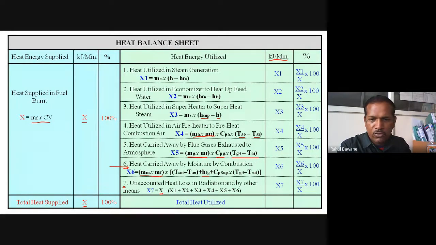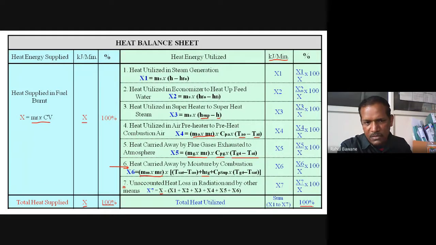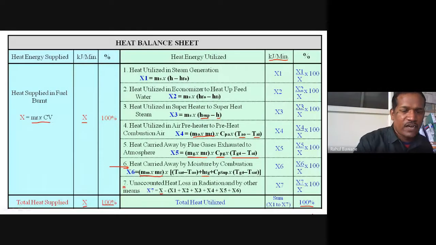Then total heat utilized is again a sum of these, and whatever the X amount is, just write it here. So total heat supplied is always equal to total heat utilized, and if it is equal, then this 100% must be equal to your heat utilized 100%. So this is your final answer.